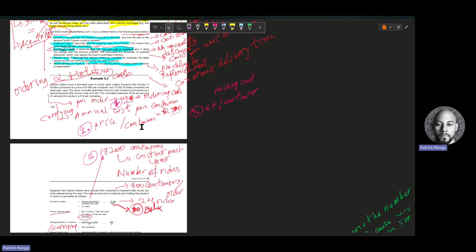So our requirement, in this case our annual requirement, what we need for our business, the total requirement that we need is 19,200 per year. Now it's up to the company how they're going to order these 19,200.